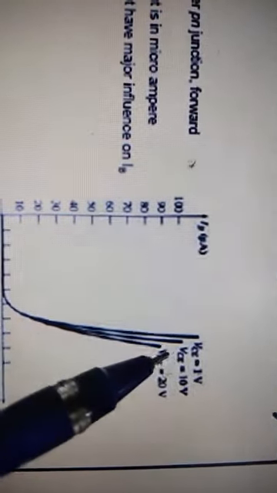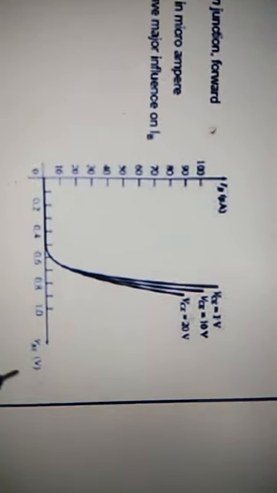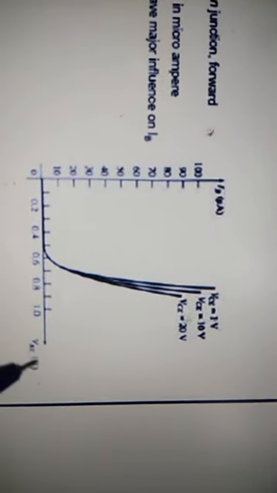And this is the fixed voltage VCE 1 volt characteristics. This is VCE 10 volt characteristics, and this is VCE 20 volt characteristics. Keep VCE equal to 1 volt, that is, collector to emitter voltage should be 1 volt, and vary this input voltage VBE: 0.1, 0.2, 0.25, 0.3, 0.4 like this, and measure this current.